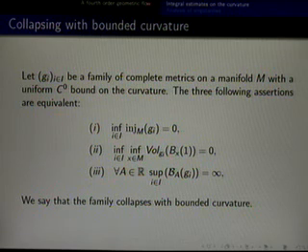And in fact, it's also equivalent to having control on some Sobolev constant. That means that if you have a control on the curvature and the volume of small balls, you can prove a Sobolev inequality. And if you have a Sobolev inequality, then your injectivity radius is positively bounded from below. So if one of these conditions is satisfied, we will say that the family collapses with bounded curvature.